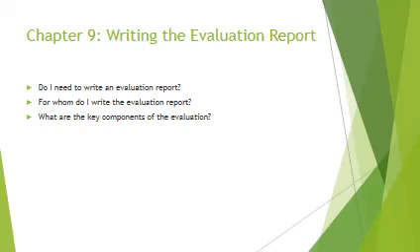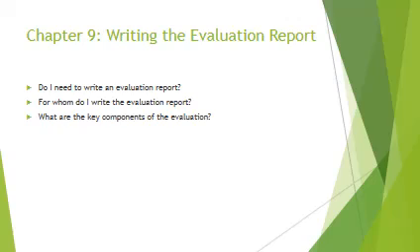Question number 3: what are the key components of the evaluation? Well, the evaluation report has 7 sections. Section 1 is the summary, the entire report in a condensed version, and this allows the reader to go through the major points without reading all the details.